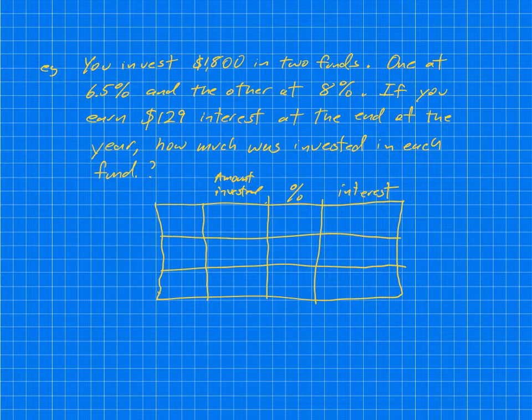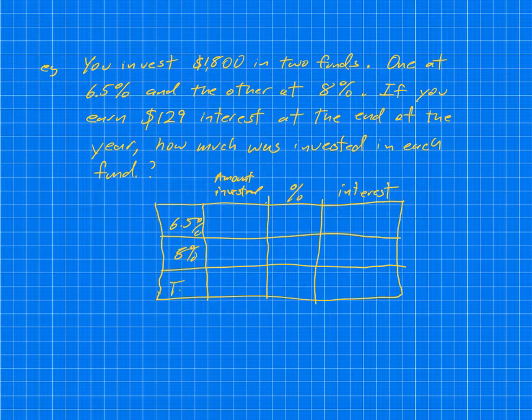Some of you may be able to go right from here to the final equation. But let's just take our time with it. So the two investments that we have, one is at 6.5%, and the other one is at 8%.